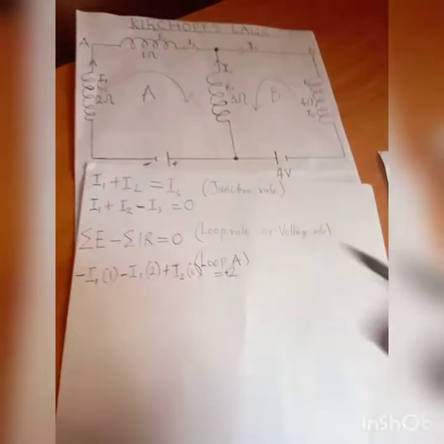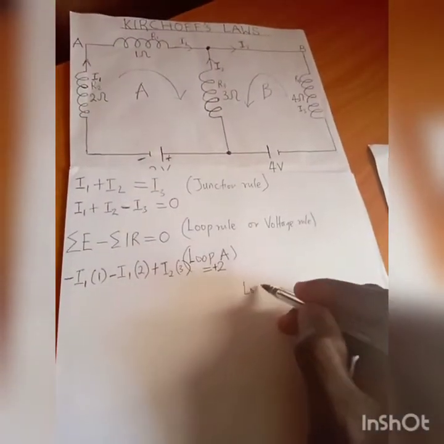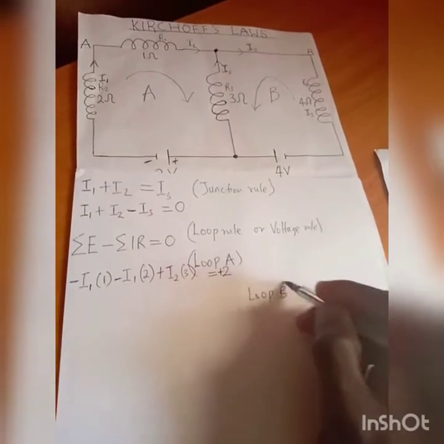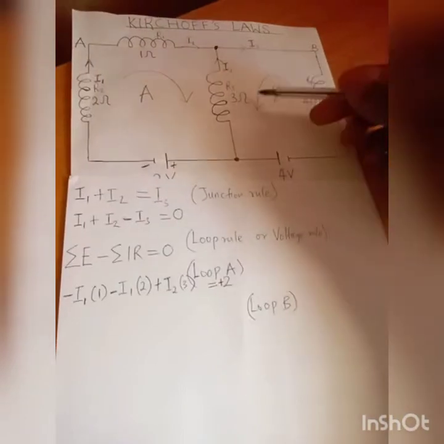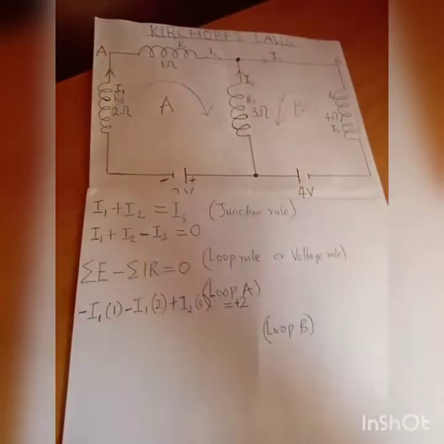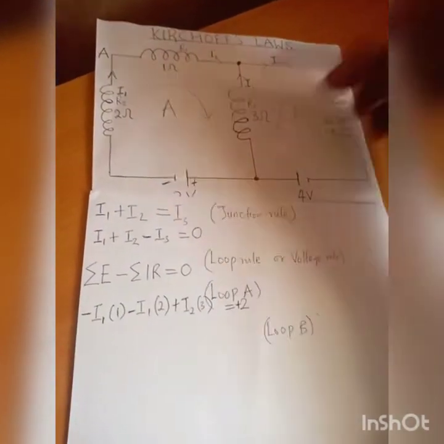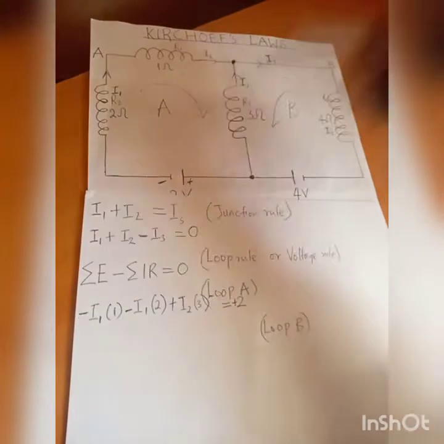Okay? Then we come again, we say in loop B, what happens there is that for this current I2 and this are in opposite direction.